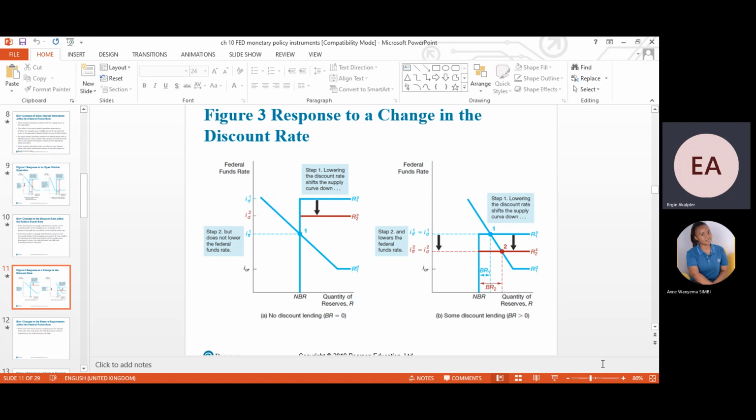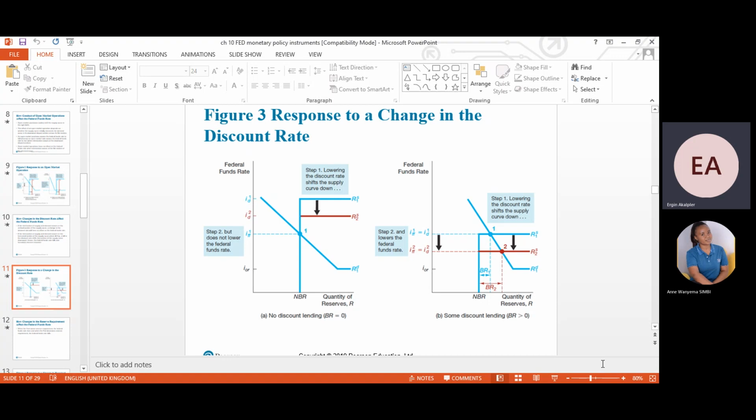The discount rate is shifted from ID1 to ID2 on the federal funds rate graph, and as a result the expected supply curve is reduced, as you are observing. But this does not lower the federal funds rate, as it stays in the same equilibrium position, with the supply and demand curves intersecting at point 1, because lowering the discount rate is not easily affecting the federal funds rate.